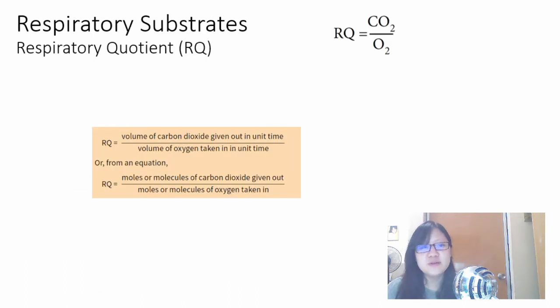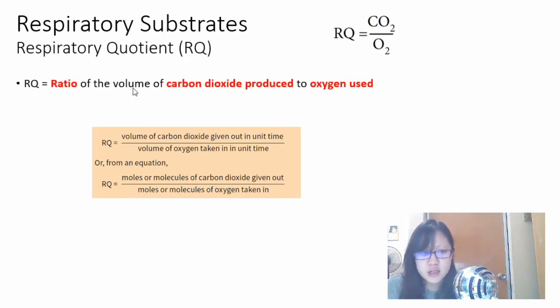Let's talk about respiratory quotient. Just now we were talking about energy values, kilojoules per gram, but this doesn't have a unit. This is respiratory quotient, and basically it is carbon dioxide over oxygen. Specifically, it is the ratio of the volume of carbon dioxide produced to oxygen used per unit time.